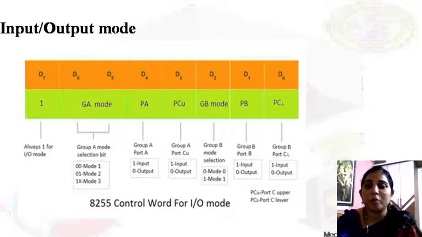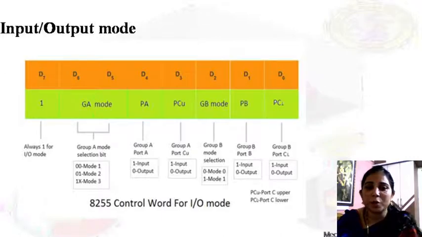That means, when we know that a bit carries information, it may be 0 or 1. When it is 0, it is working under mode 0. If it is 1, it works under mode 1. But here the case is different. Group A mode is dedicated with 2 bits, D5 and D6.